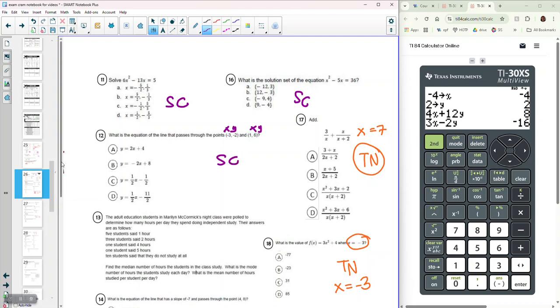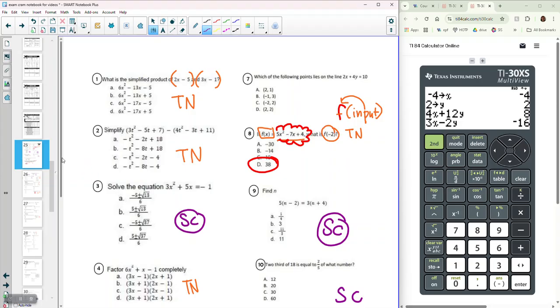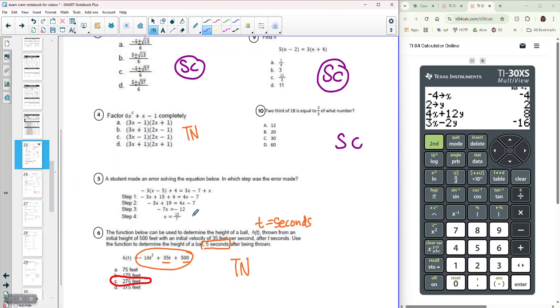We can even go down to this error question and start by checking each one of these equations with this solution checker, this solution.